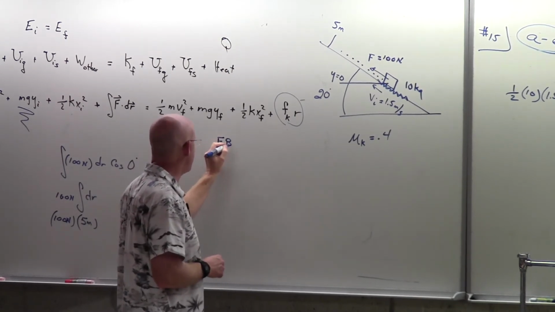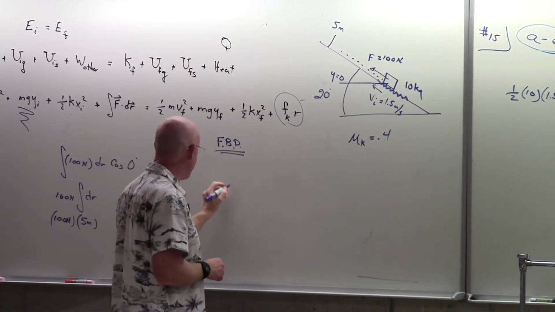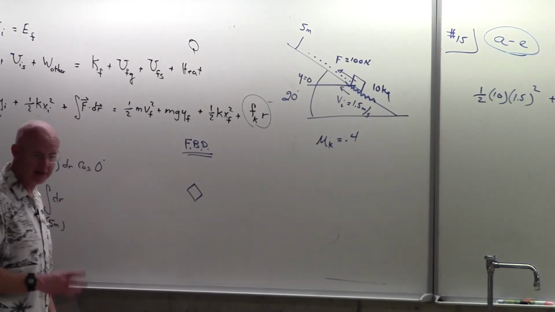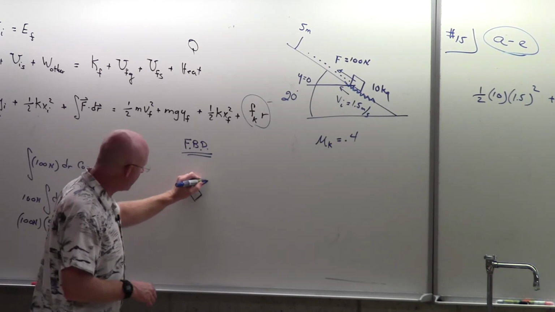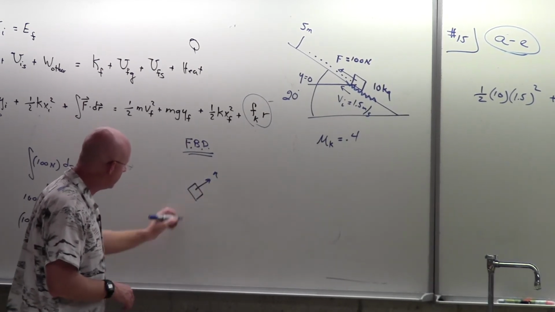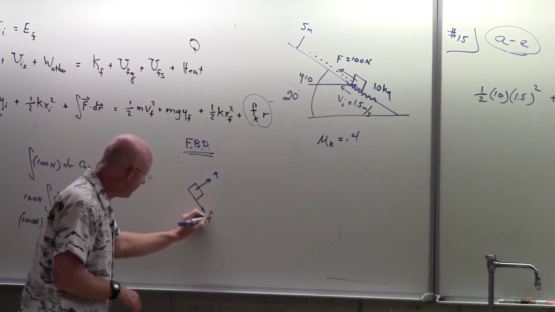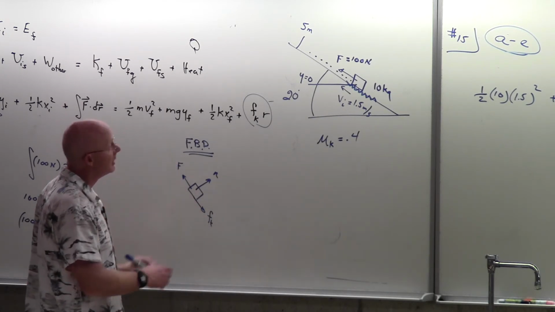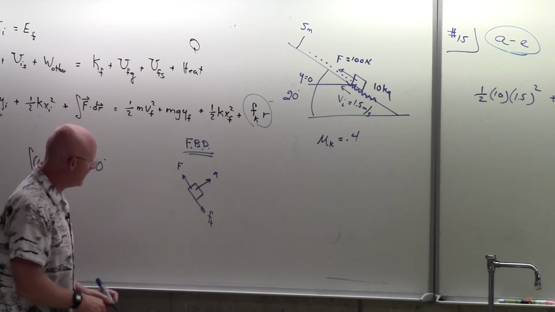And like we did on that last problem, the free body diagram, looking something like this, means that we would have a normal force off at an angle. We would have a frictional force down the hill. We have this force from my hand pulling it up the hill.